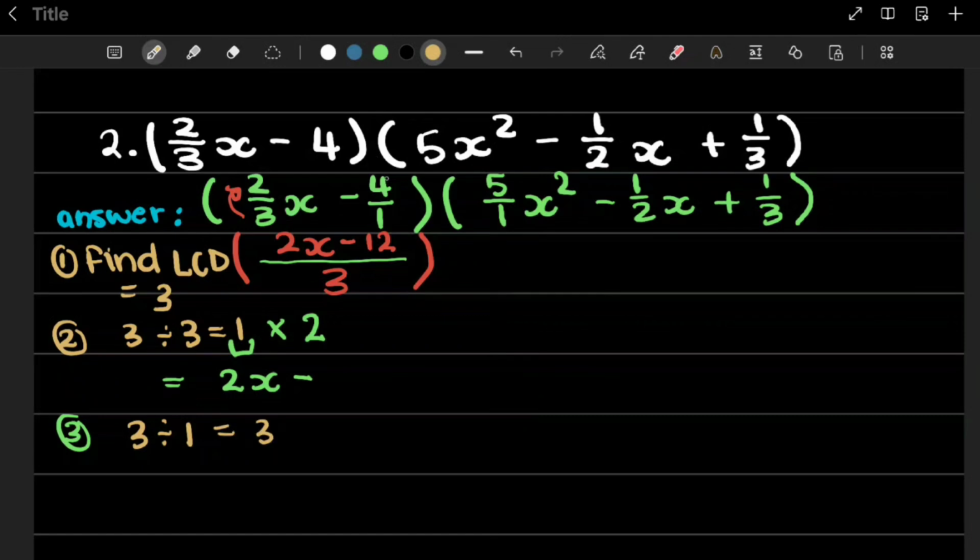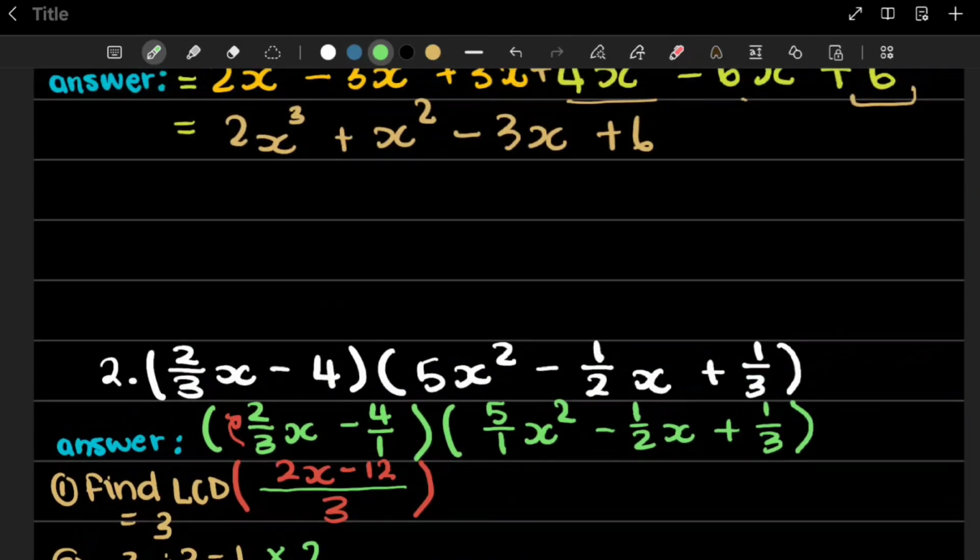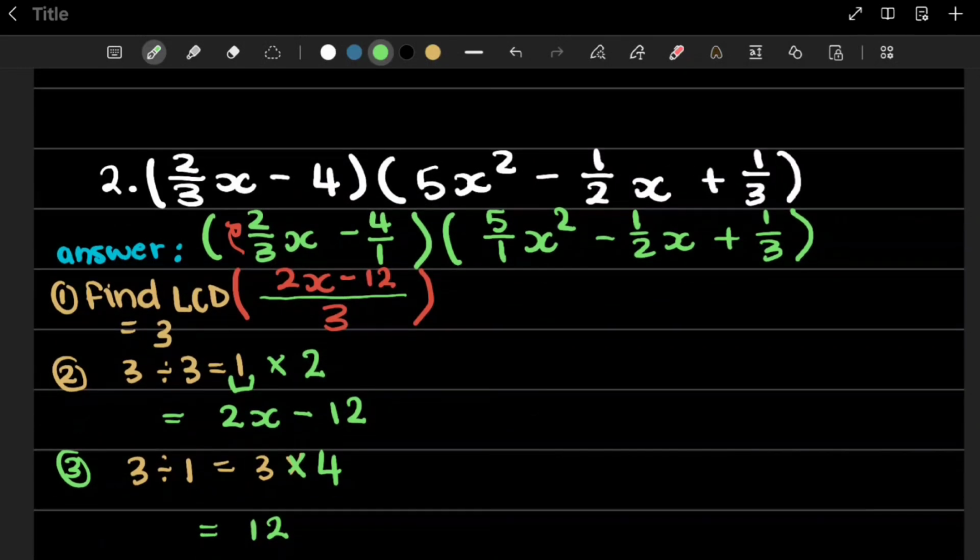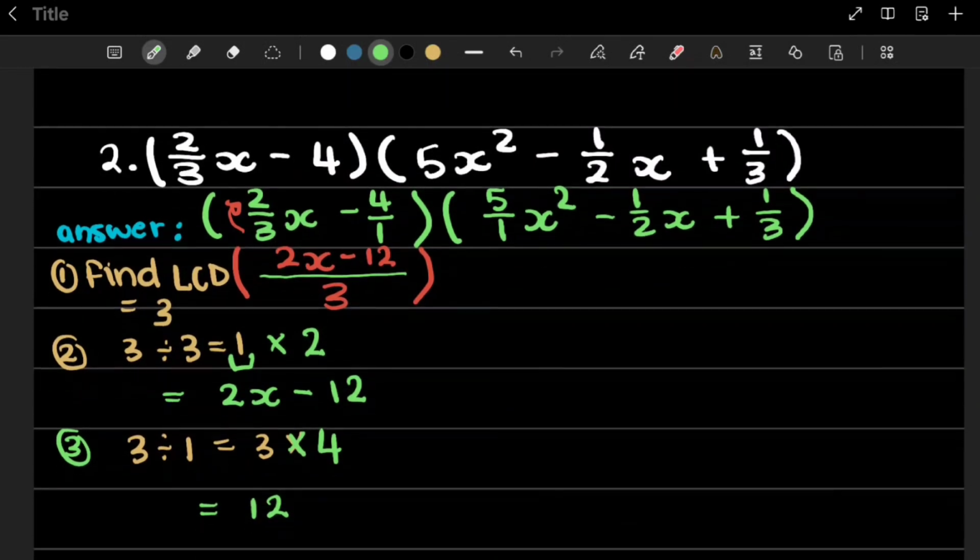That answer is multiplied by the numerator of the second term, which is 4. And that gives us 12, right? And that's how we, in one step, or like in 3 steps, but if you get used to it, then it's like 1 step. And that's how in 1 step you can get your answer.